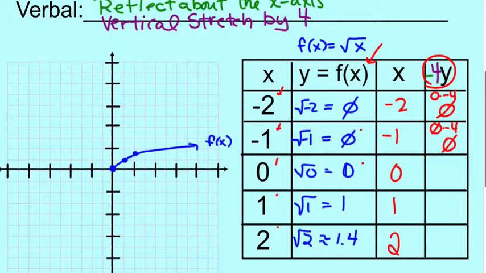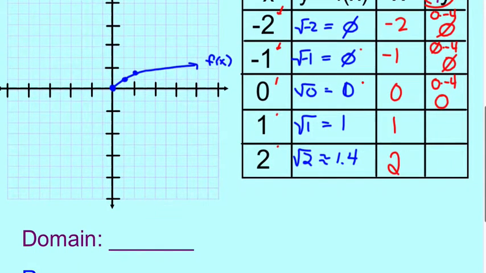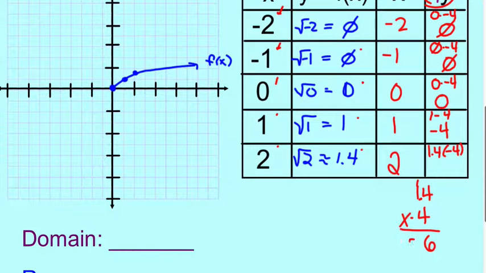Go to the third column, 0 times negative 4 is just 0. And then 1. 1 times negative 4 is negative 4. And then 1.4 times negative 4. 16, carry the 1. Negative 5.6 is our number there.